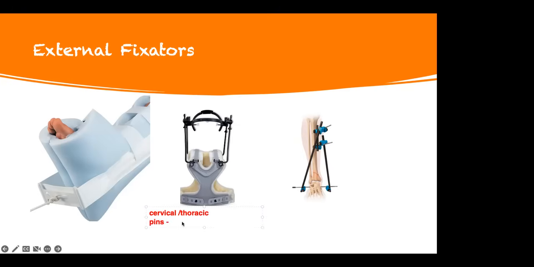So the pins are the most important. You have to teach them how to take care of it. You can clean it. That's why some people think this is skeletal. The pins sometimes can go into your head a little bit, screw, but it's not all the way to the bone. But I don't think they will ask you the detail whether it's skeletal or not; you just have to know how to take care of it. So the pin is where you have to take care of it.